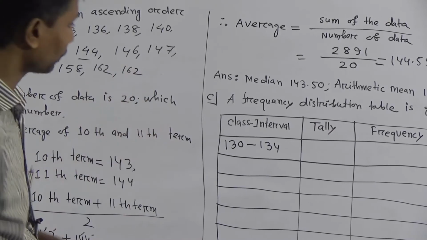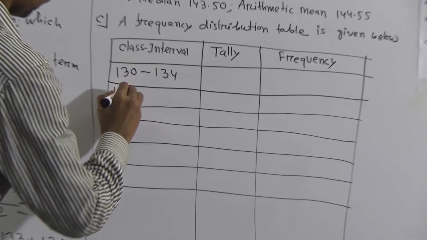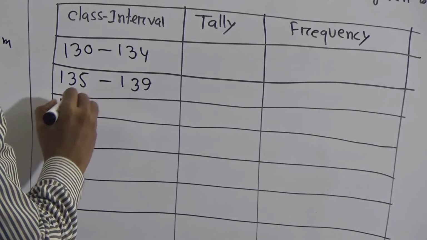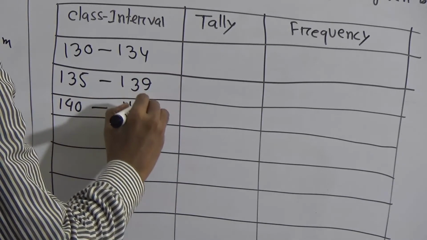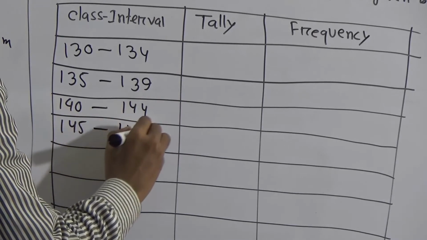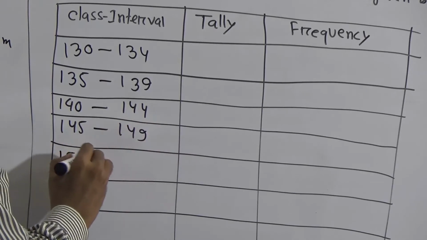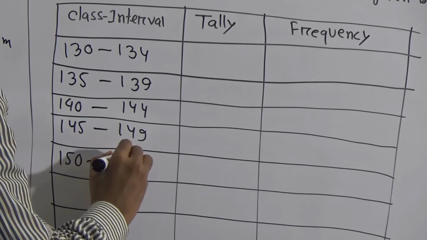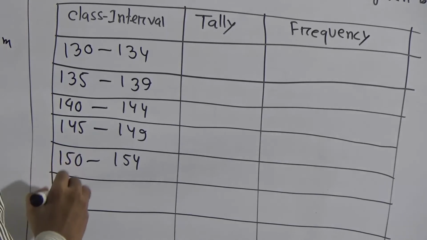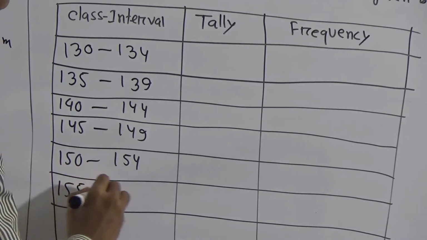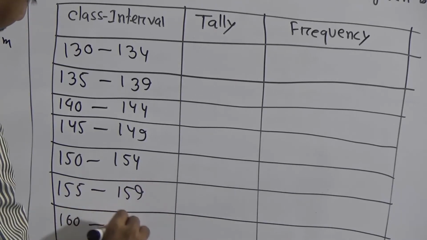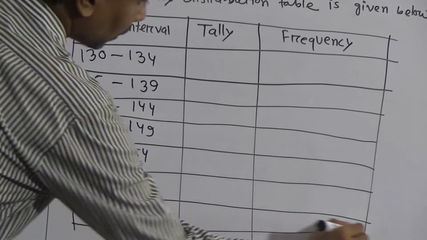Then 135 to 139, then 140 to 144, 145 to 149, 150 to 154. Then 155 to 159, 160 to 164. Okay.